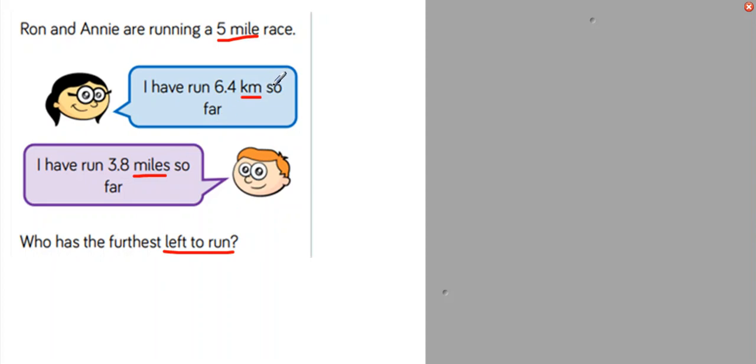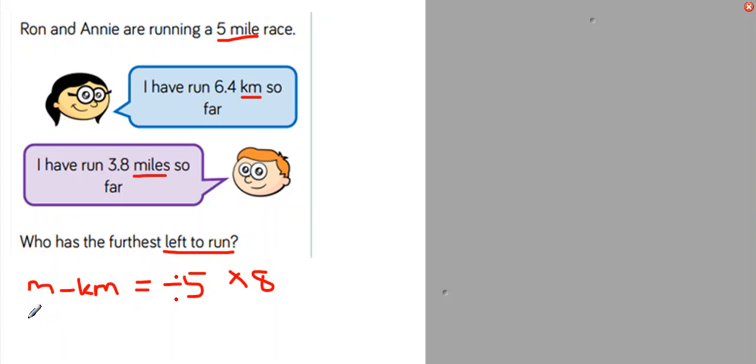So the first thing you are going to have to do is convert. So remember, if you are going miles to kilometres, you could divide by 5 and then multiply by 8.